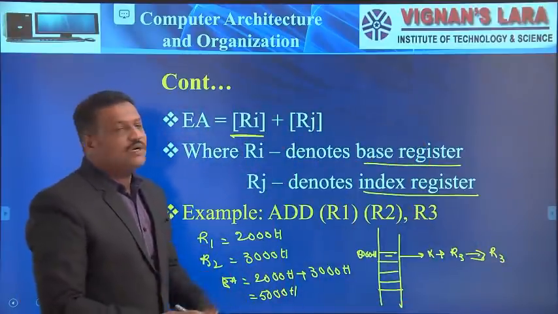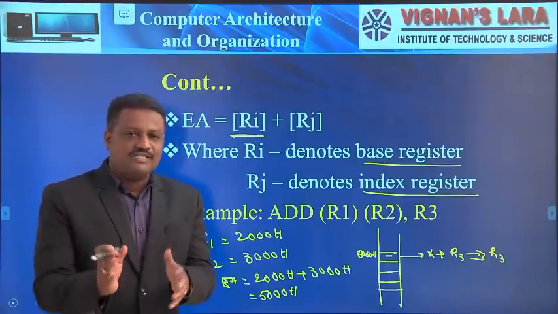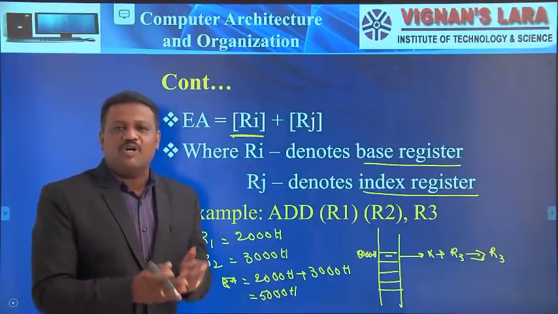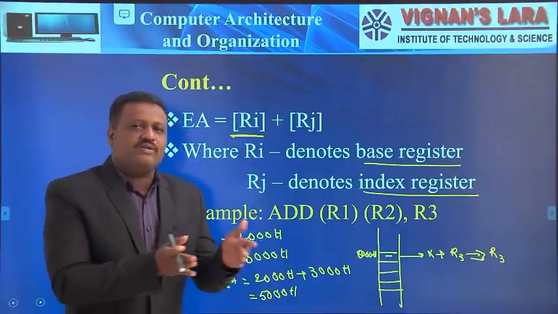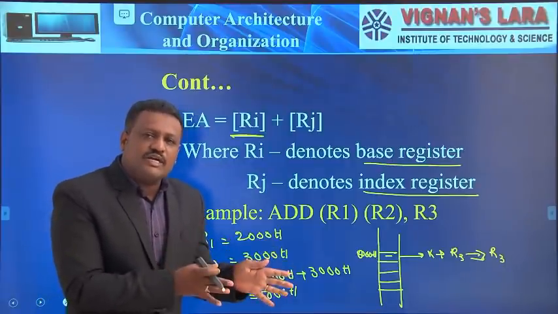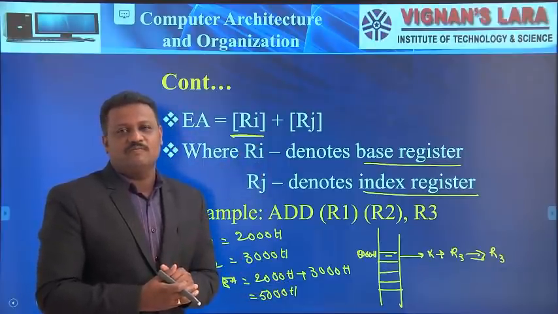So this is what the base indexed addressing mode is. I hope you understand the different addressing modes. I already discussed immediate addressing mode, direct addressing mode, register addressing mode, register indirect addressing mode, indexed addressing mode, and then base indexed addressing mode. Thank you.